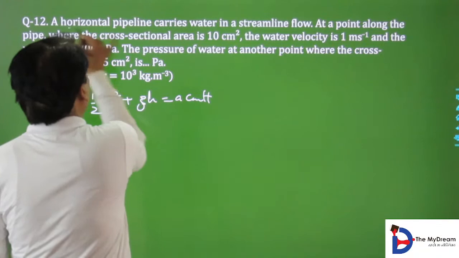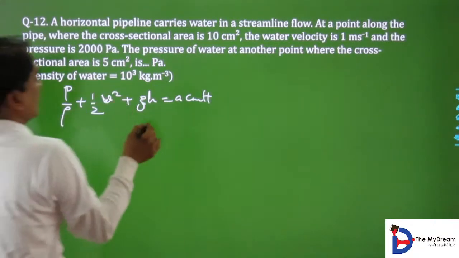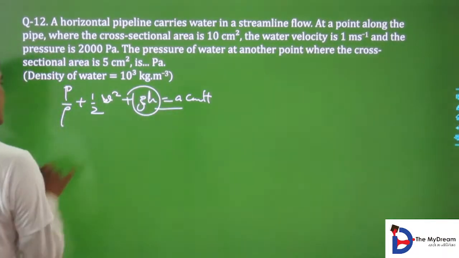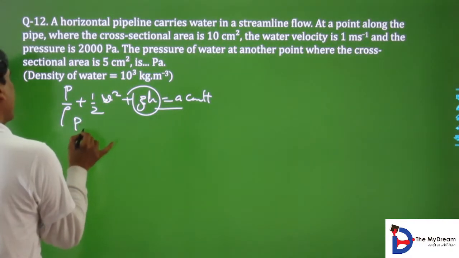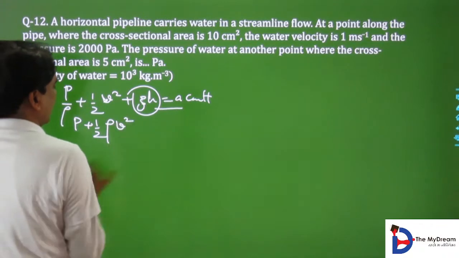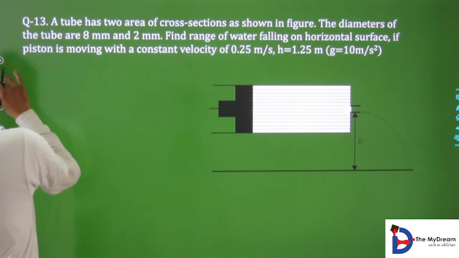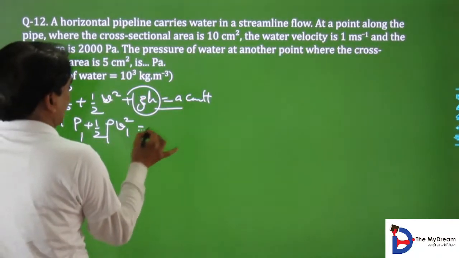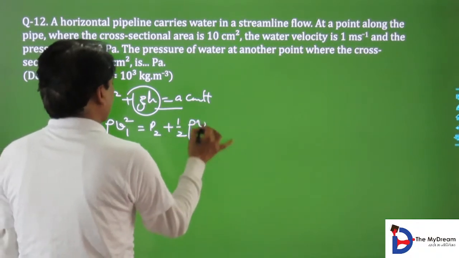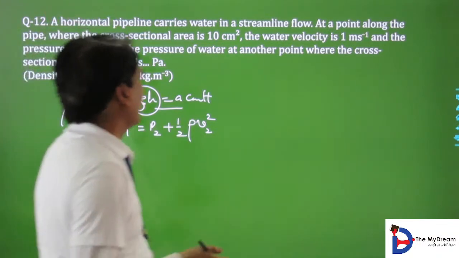A horizontal pipe is given to you, so leave it. P plus half rho V square, so P1 V1, P2 V2. You have to write at least this because it is a horizontal pipe. Now, moving ahead.